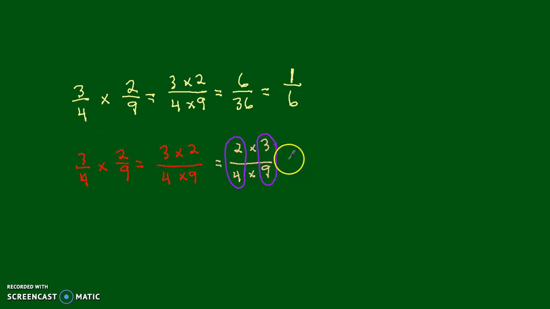We could put these in simplest form, and we know that 2/4 is the same thing as 1/2, and 3/9 is the same thing as 1/3. So now we could do 1/2 times 1/3, which would automatically take us to 1/6, and we wouldn't have to do any of the simplifying.